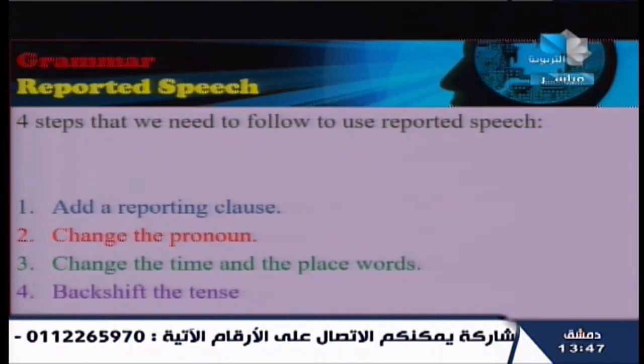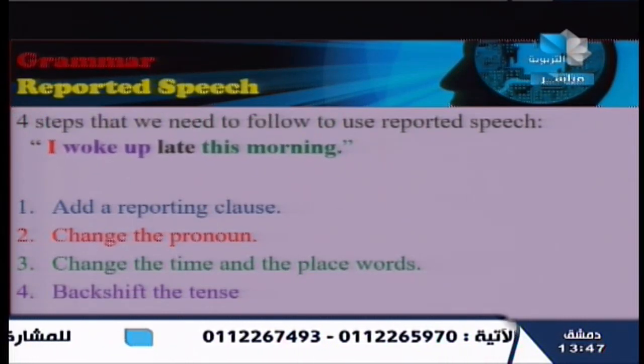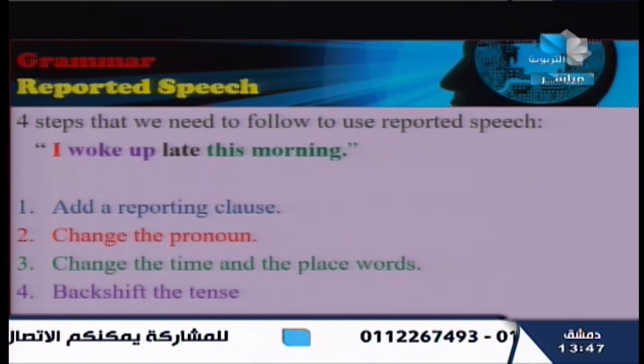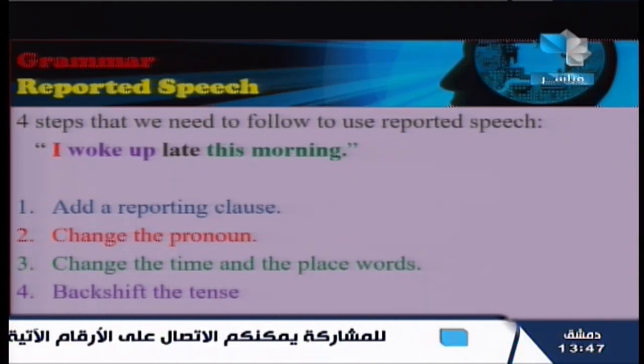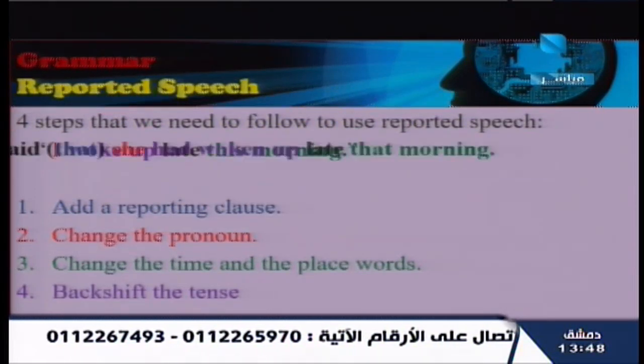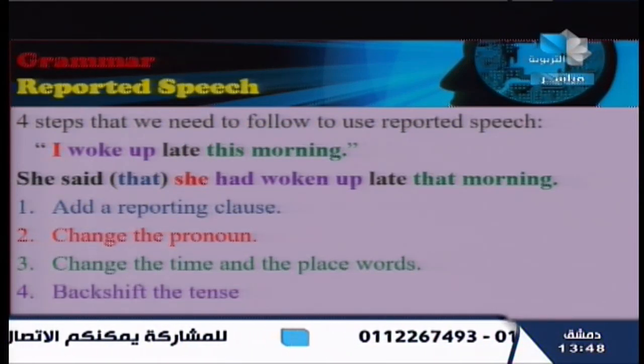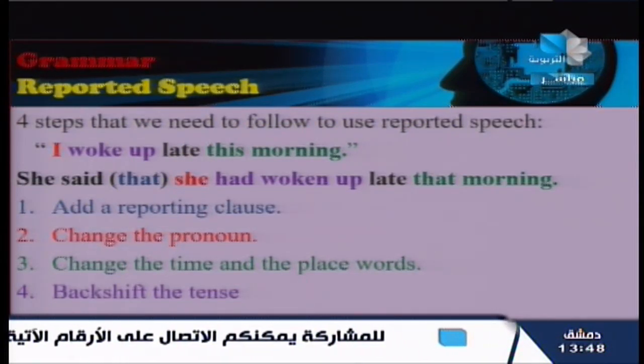Okay, I woke up late this morning. Woke up, past simple. Here we have, she said that, you know that it's optional. She said she had woken up late that morning. From simple past into past participle.